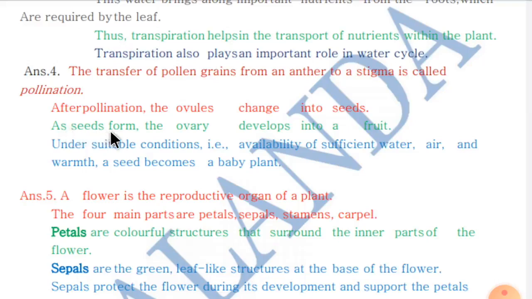As seeds form, the ovary develops into fruits. Under suitable conditions, availability of sufficient water, air and warmth, a seed becomes a baby plant. So this is pollination, right?